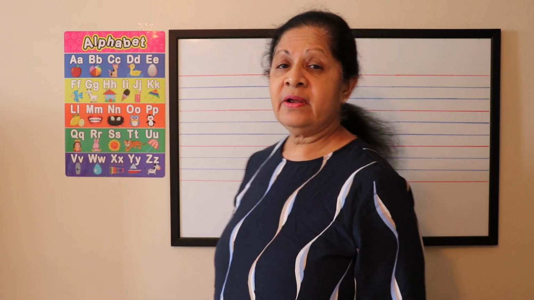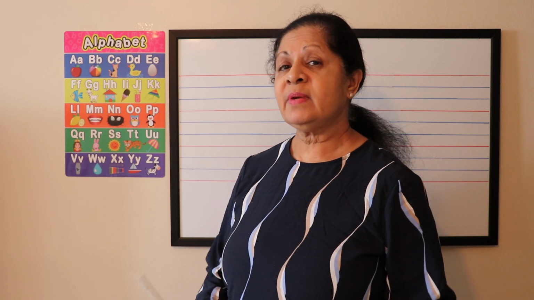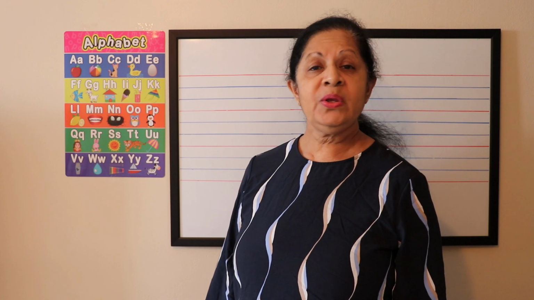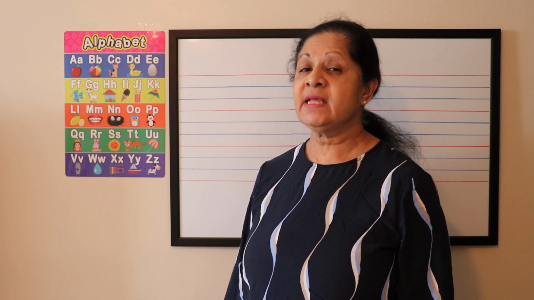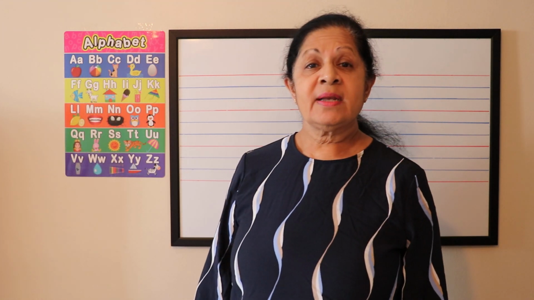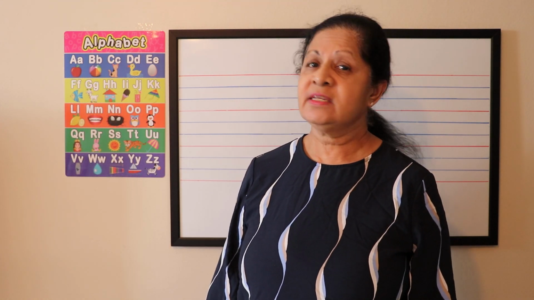Now we have read the alphabet. Now alphabet has got capital letters and simple letters, or you could call them uppercase letters and lowercase letters. And alphabet has got 26 letters. Shall we count?